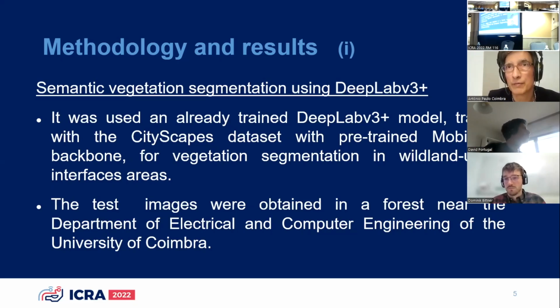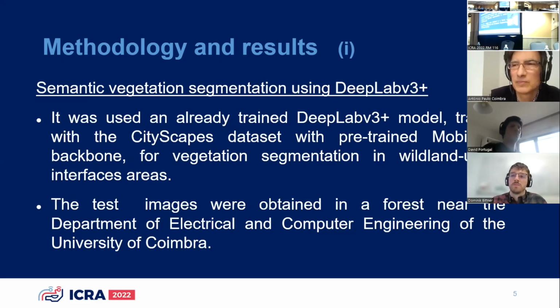If with different forests, with different types of grass and ground vegetation, detection still goes well or not. Okay, thank you very much. You're welcome. Thank you, Eduardo.